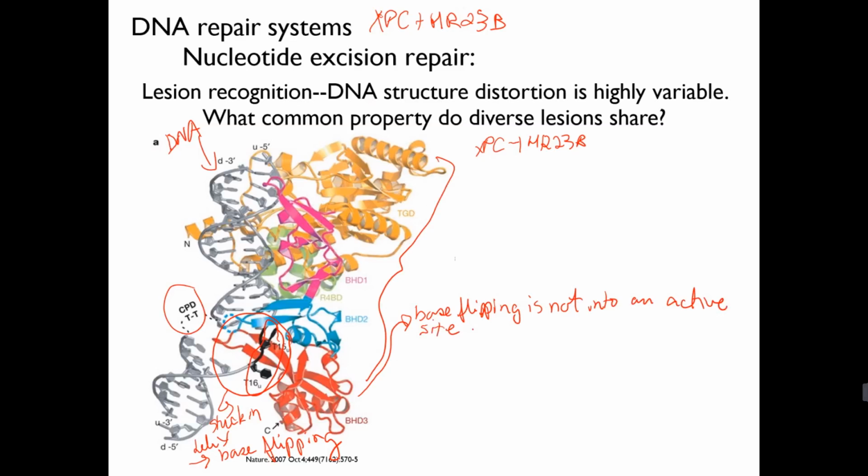It just actually flips the damage away from where the enzyme is. So the enzyme is not doing this base flipping as a mode of binding to the damage. It's actually doing the base flipping as a means of probing for the stability of the DNA helix.